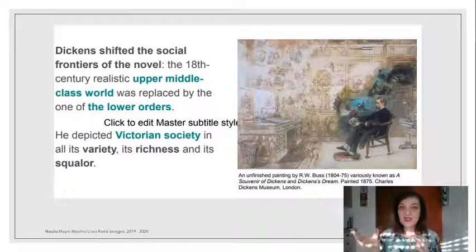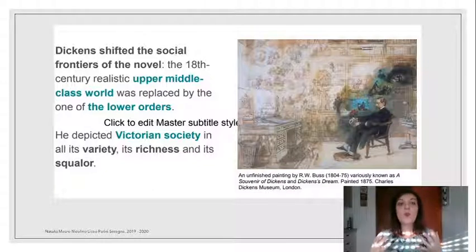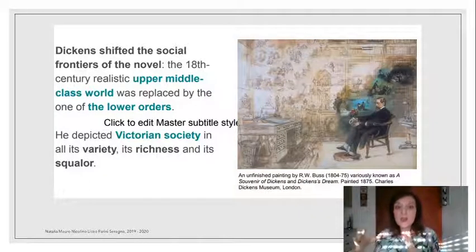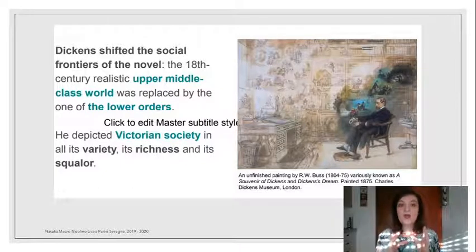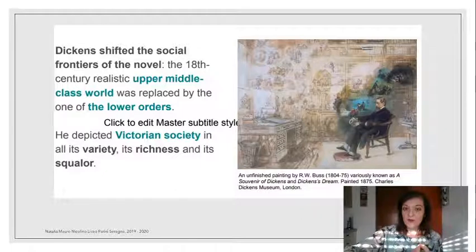Now Dickens shifts from the world of the upper middle class, which had characterized the characters of the 18th century novel, to the world of the lower classes, of the poor people, of the workers in factories, of the people living in slums or in terrible, dirty, crowded workhouses.